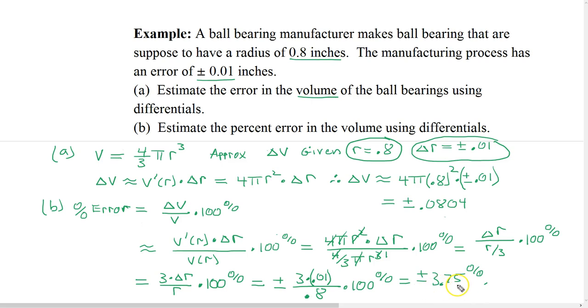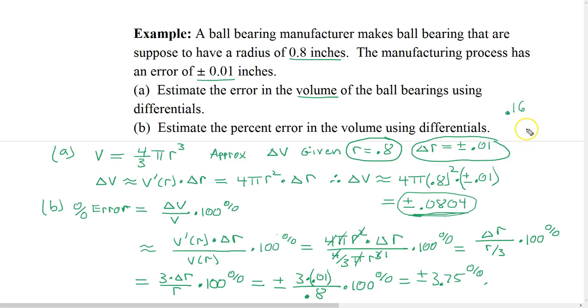It's good to calculate a percent error, because if you look back at the number for our actual error, this was our approximation right here, you really don't have any idea if this is good or bad. For example, if the volume of the ball bearing is supposed to be 0.16, well then this is about 50% of that, so your error in your volume can vary as much as 50%. That would not be good.